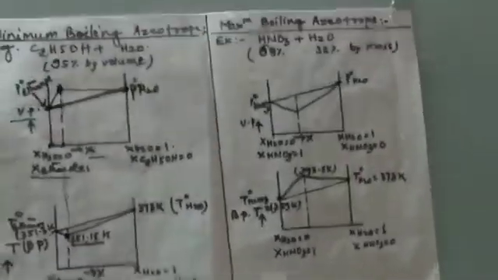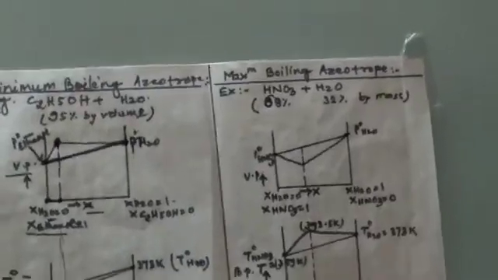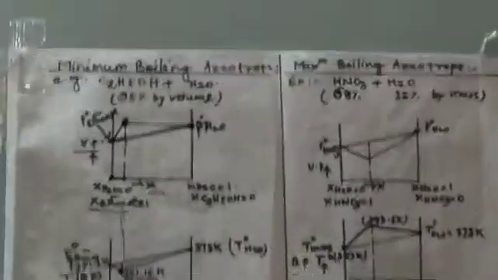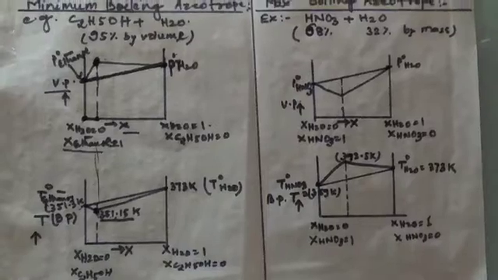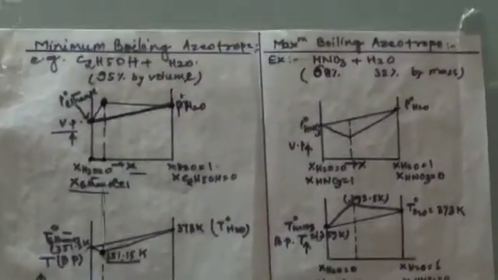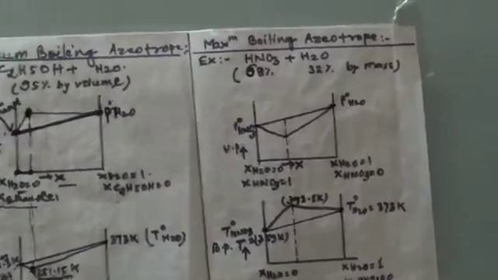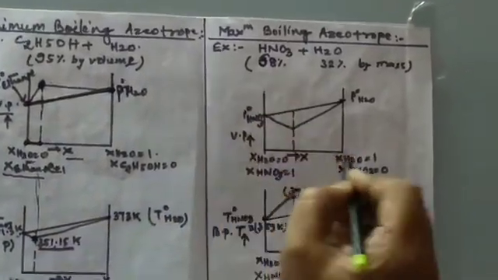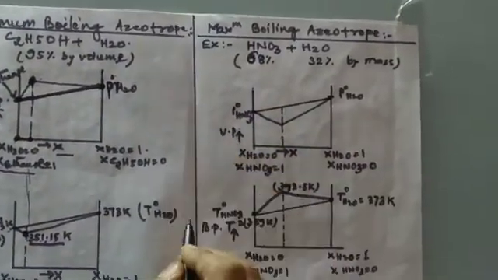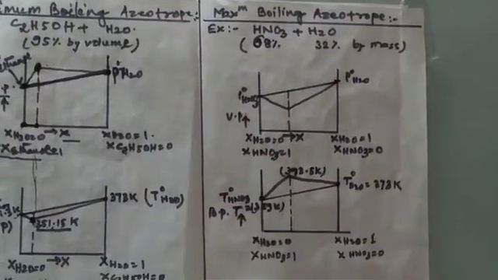Similarly, let us compare why a non-ideal solution of fixed composition showing negative deviation from Raoult's law is called a maximum boiling azeotrope. Let us examine it. This is the graph representing the vapor pressure against the mole fraction.